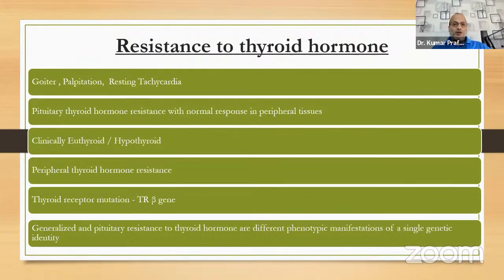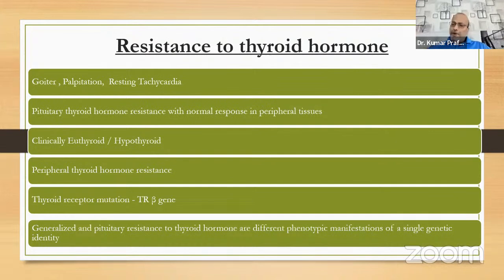A few words about resistance to thyroid hormone. Here, the size of the thyroid gland will increase, so the patient will have goiter, palpitation, and resting tachycardia, features of hyperthyroidism. Pituitary thyroid hormone resistance may be there with normal response in peripheral tissues.